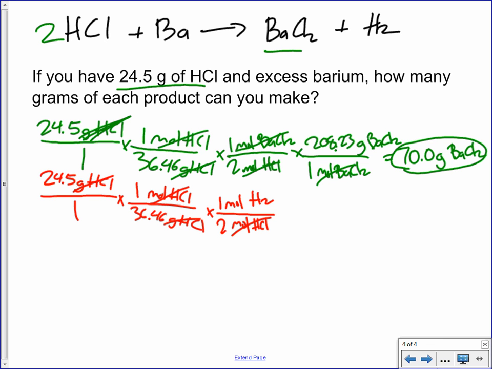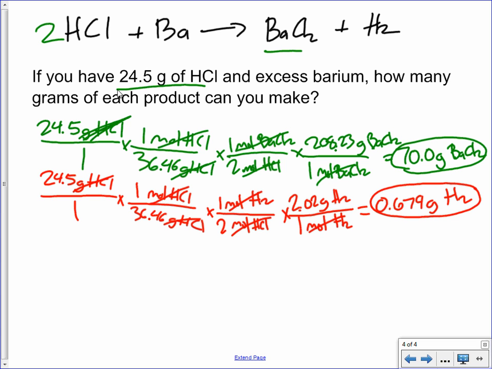Notice how I'm just setting up my conversion factors again in order to cancel things out like I want. Okay. Final step. In 1 mole of hydrogen, see how that cancels out, you have 2.02 grams. Okay, we got the unit we want left, so we just do the math, and it turns out that this reaction should produce 0.679 grams of hydrogen.